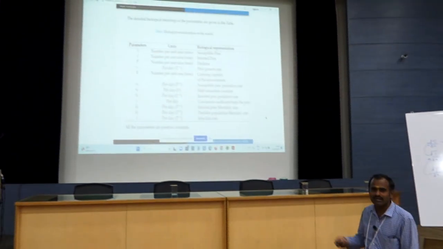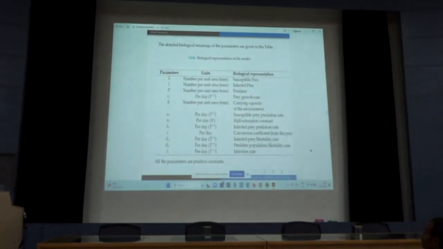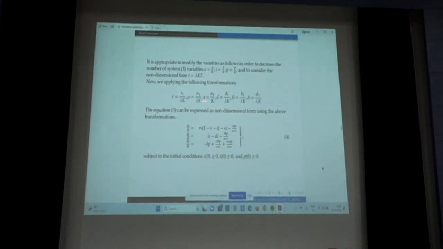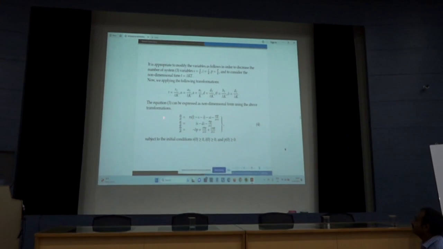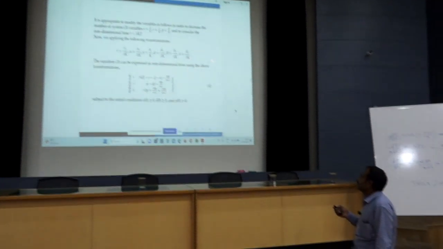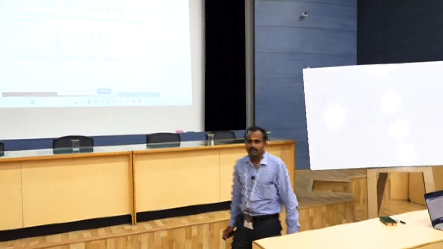Our system has many parameters with different units. That's why we converted into the non-dimensional system for our convenience, to solve and find the equilibrium points. So using the non-dimensional time t equal to lambda k t, our system 3 is converted into the non-dimensional system of the form 4. Isn't it?